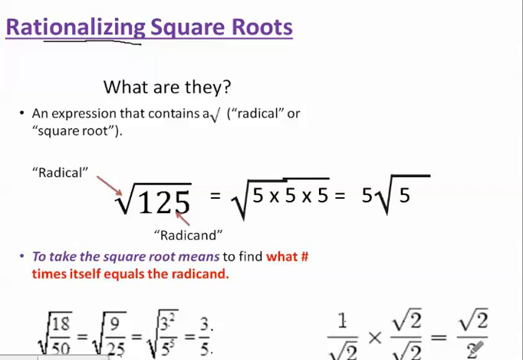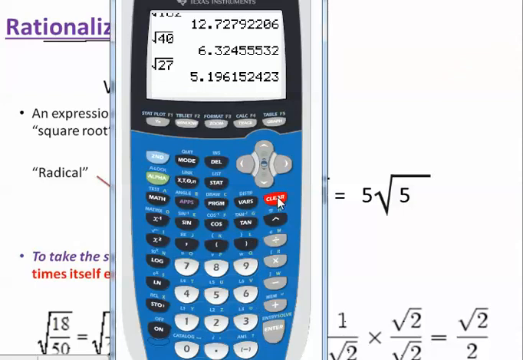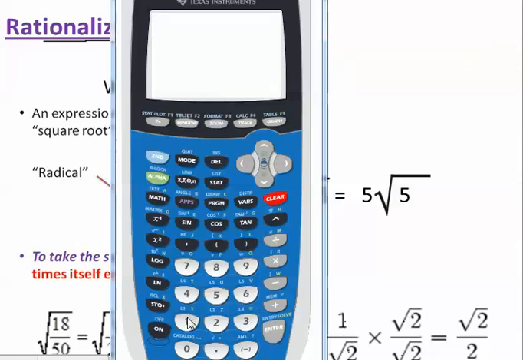On a calculator, just to show you that we're not trying to pull the wool over anyone's eyes here, 1 divided by the square root of 2 gives us that little value right there.